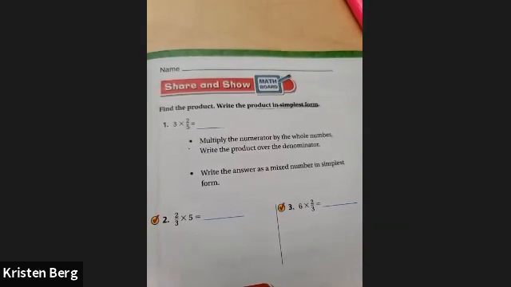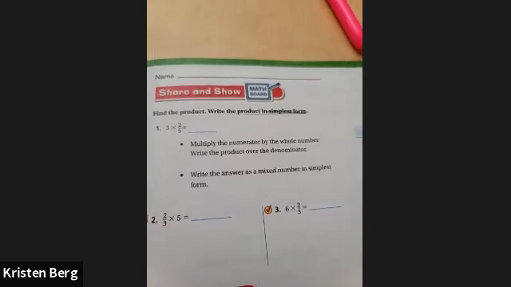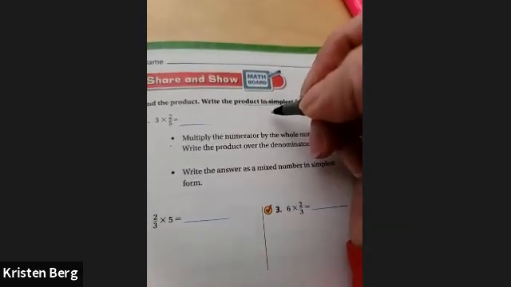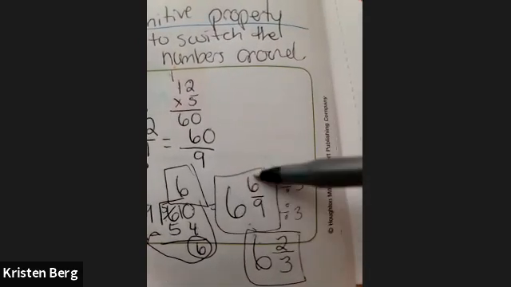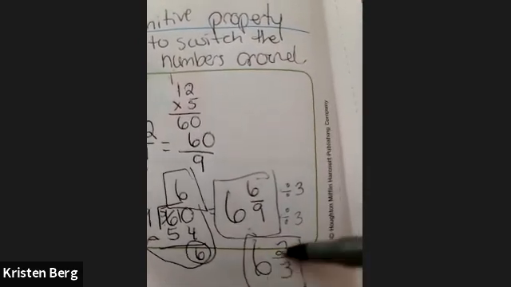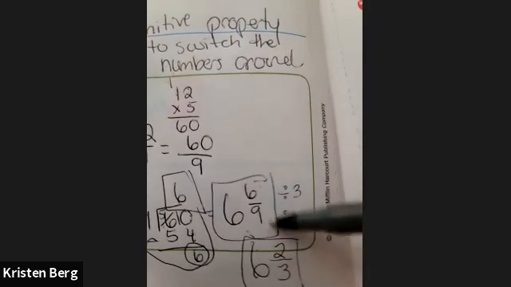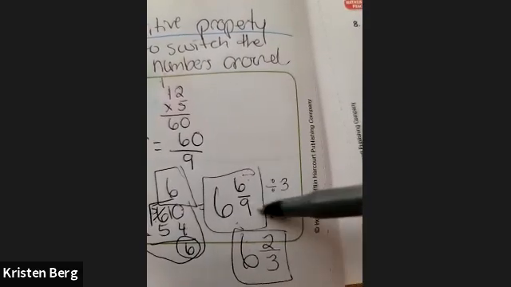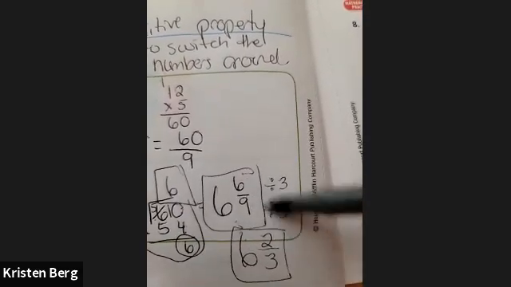Don't worry about simplest form right now. The state test allows you to have it in any type of format as long as it is the same thing. So 6 6/3 is the same as saying 6 2/3. So they don't care which way on the state test this year, which way you want to say it, as long as it is equal to that.